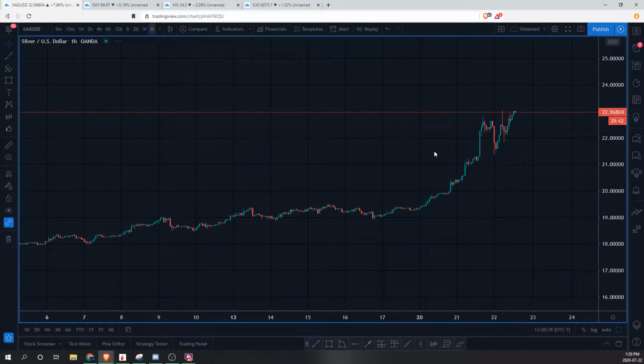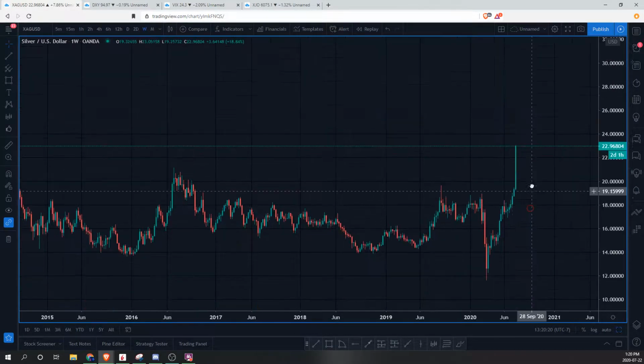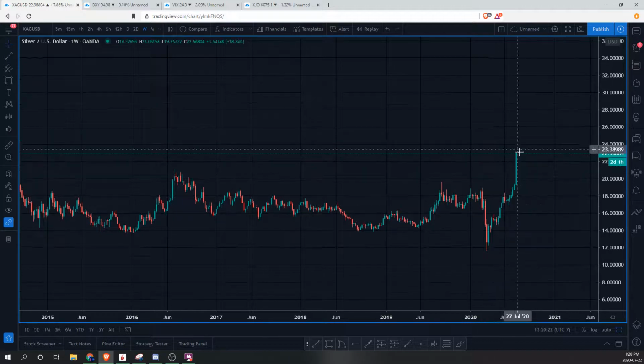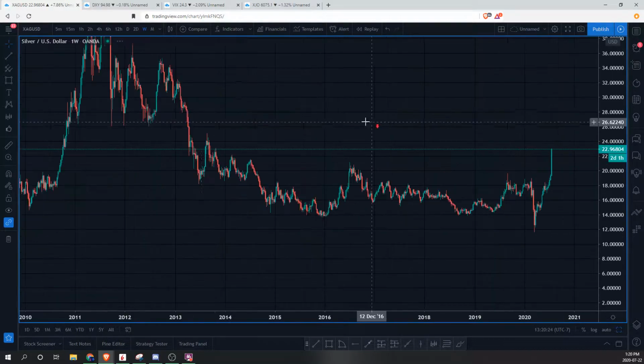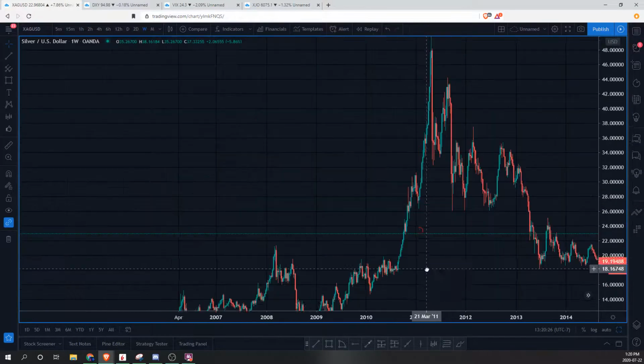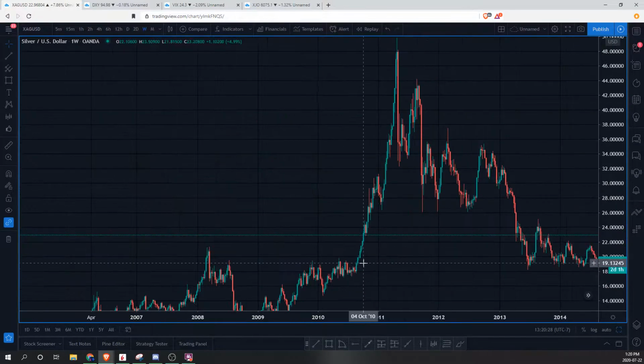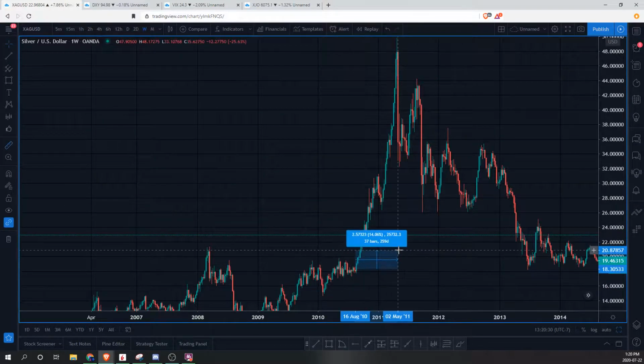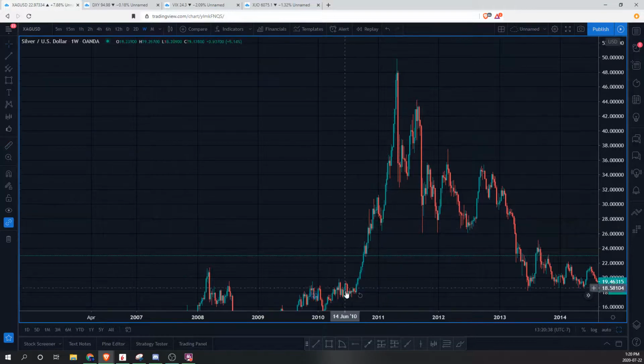If we're going all the way back to the weekly, we see that this is a massively bullish candle. Now, yes, we've had times in history where we've continued for, let's see, from September until May, or let's say April of next year. It's 240 days. It's been basically bullish, and we went from $18 to like $49.